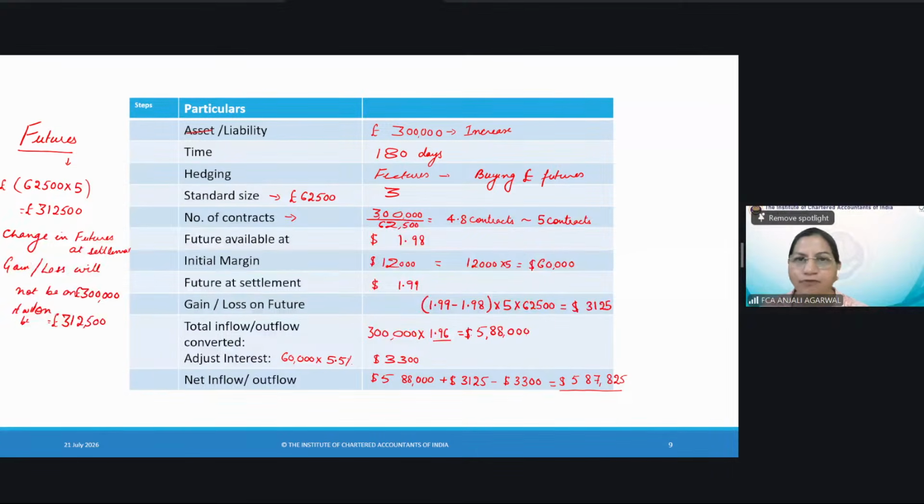Had this been 4.5, you could have rounded off to 5 contracts, or you could have taken 4 contracts and left some portion uncovered. Then you will look at what the future is available at and what the future is at settlement. If you have bought it and the future prices have increased, there would be gain. And if you have sold it and there is an increase, there would be a loss. So here we had a gain.